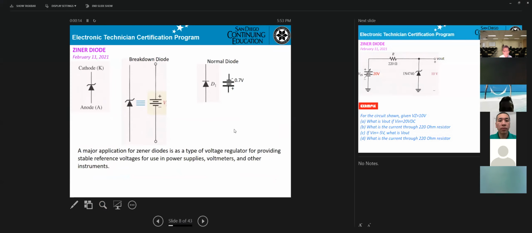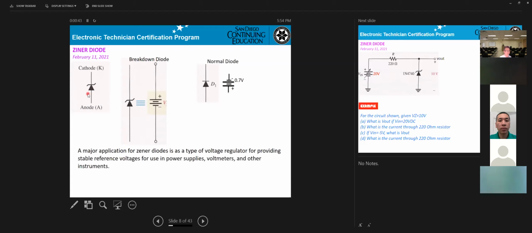Okay, so can you see it? Yes, we can see it. Okay. So basically that is the key point on this thing here. This is a symbol for the Zener.